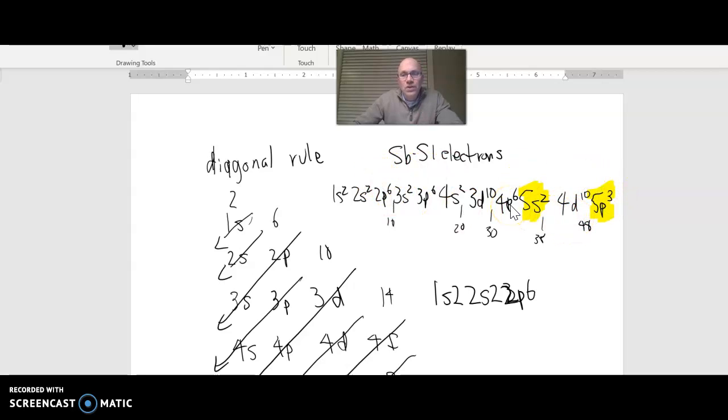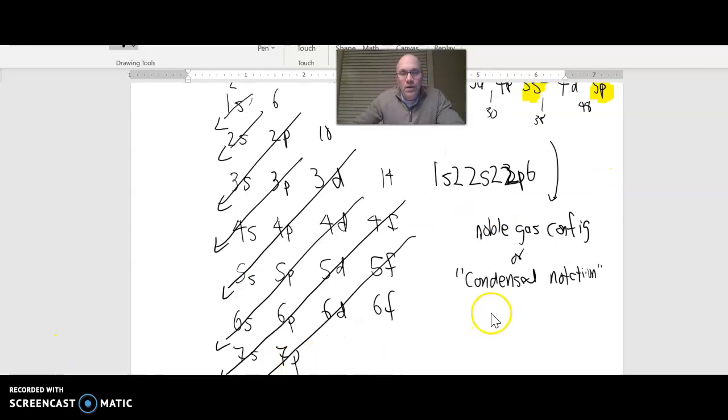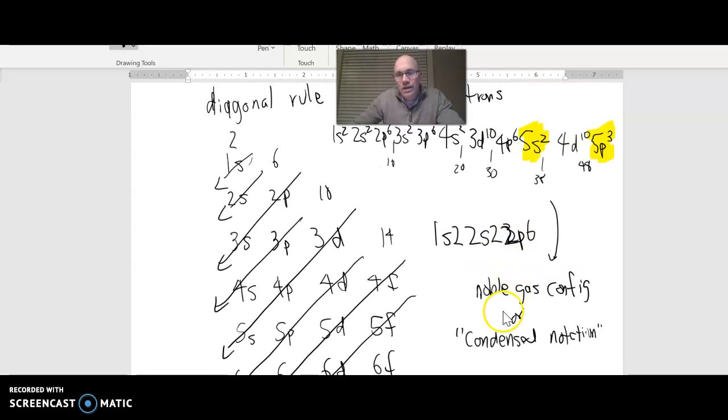But remember, we also have the noble gas configurations. This is the regular, but if it were to ask for either the noble gas or the condensed notation, that would be the one where it asks you to remember that this part of the configuration right here is actually the configuration for krypton.